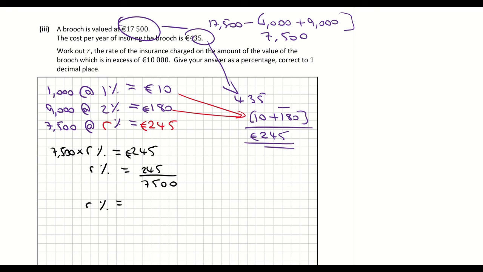So my percentage is going to be 245 divided by 7,500, which is coming up as 0.0326 recurring, and it wants it as a percentage, so I'm going to times that by 100, which is giving me 3.26 recurring decimal, and it wants it to one decimal, so therefore it's going to be 3.3.